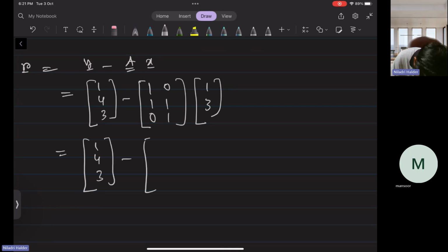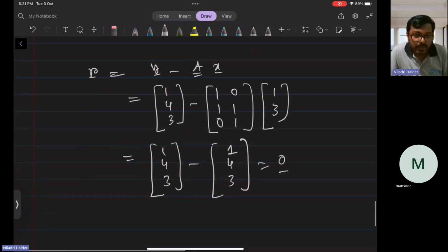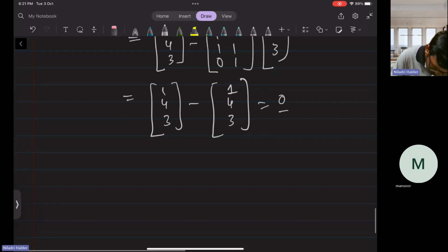So this is 1, this is 4, this is also 3. Then residue is 0 now.